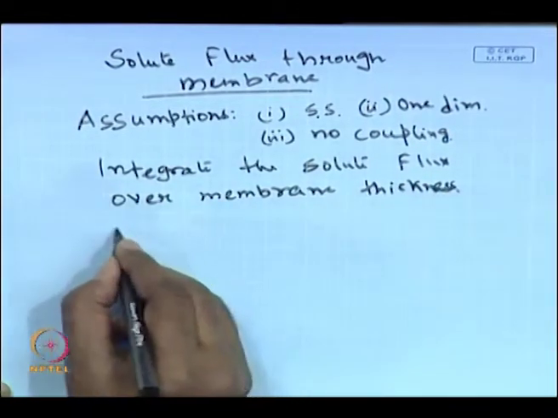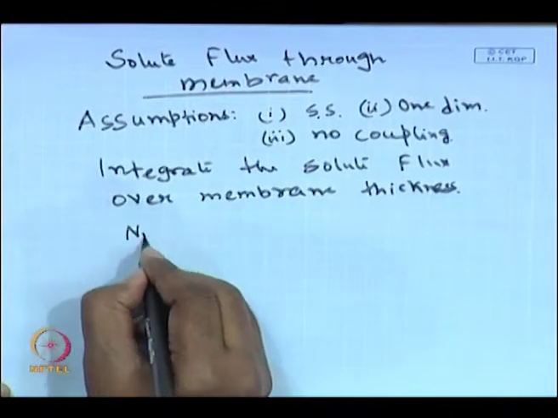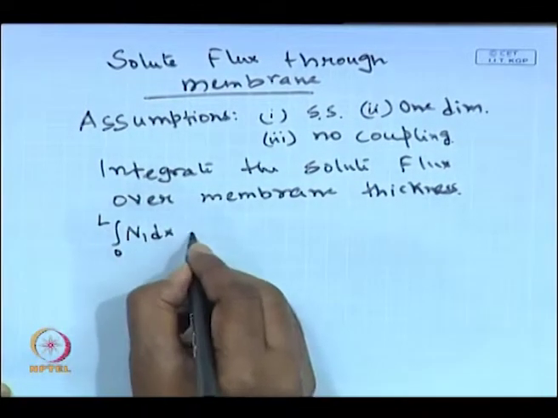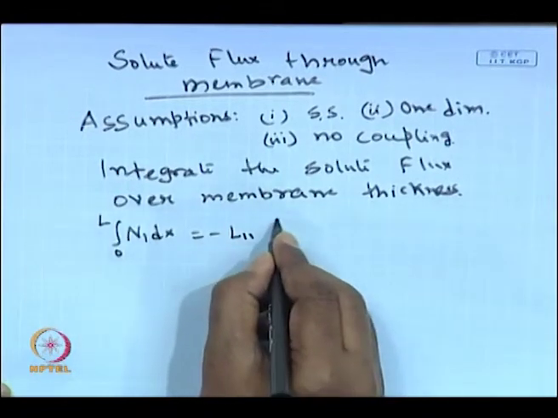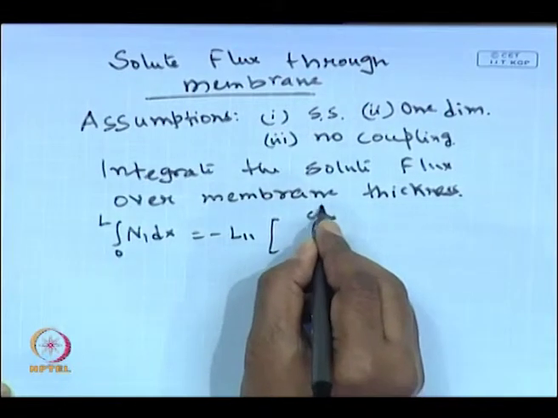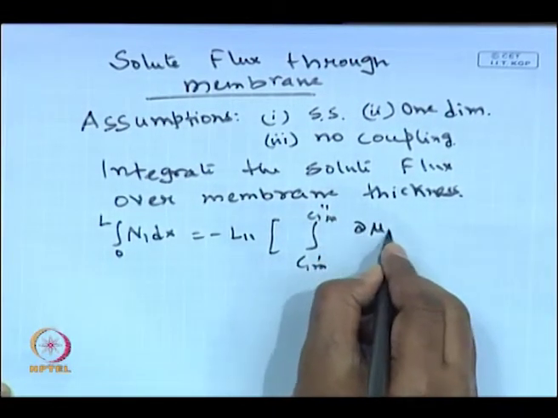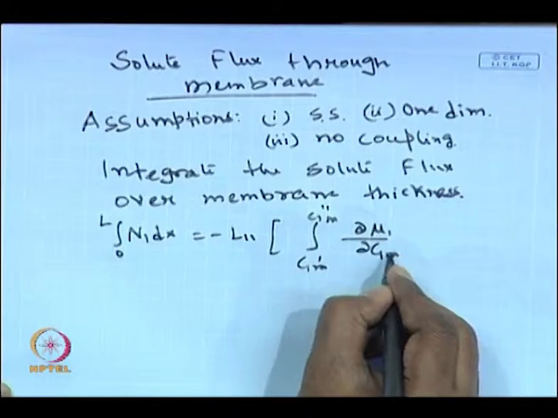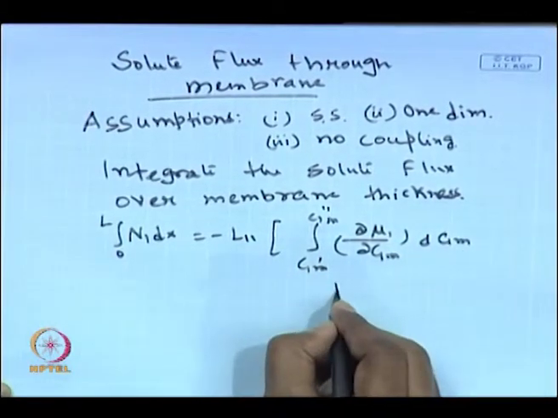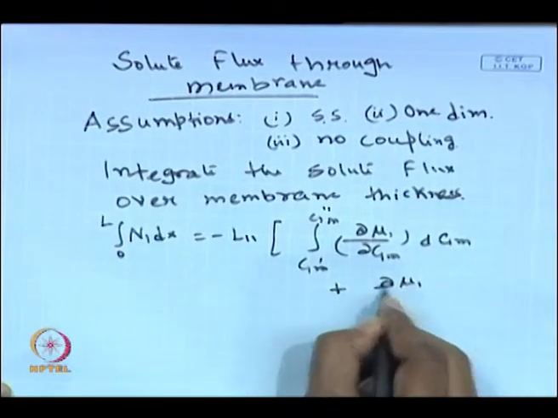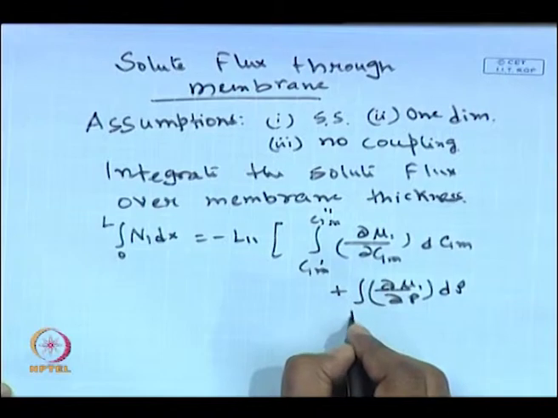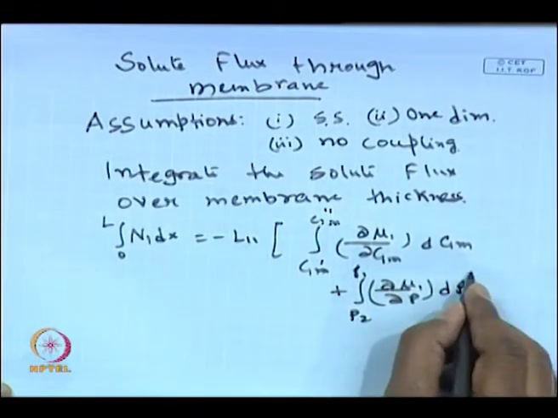If you do that, what you will be getting is integral of N1 dx from 0 to L is minus L11 times the integral from C1m prime to C1m double prime of del mu 1 del C1m dC1m, plus del mu 1 del P dP from P2 to P1.